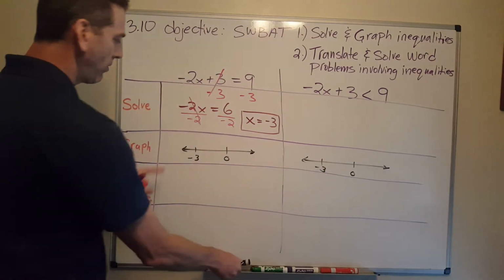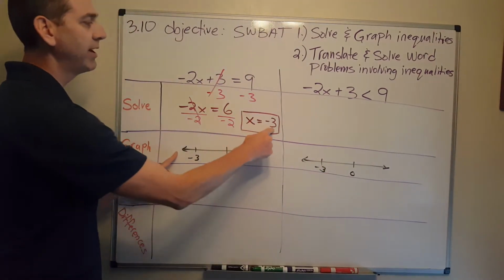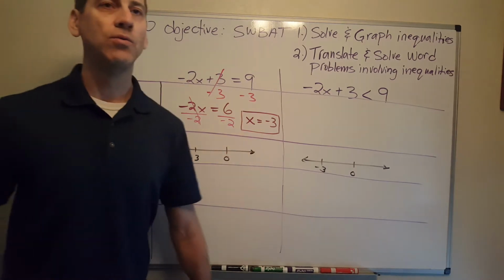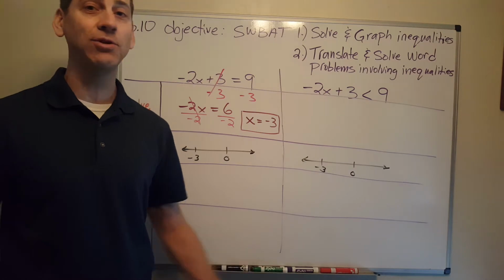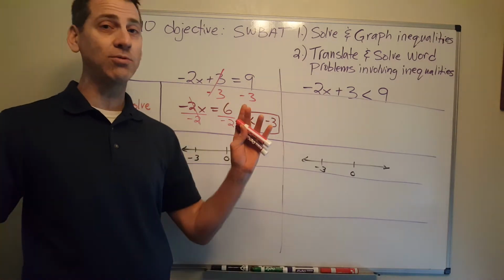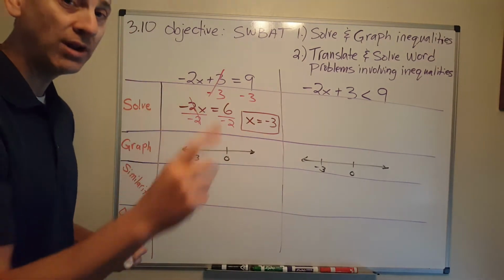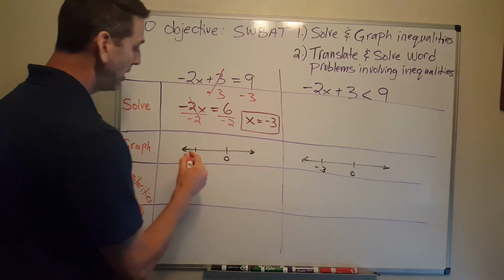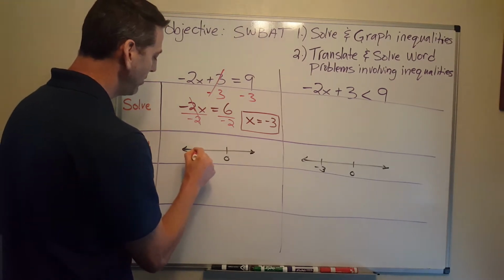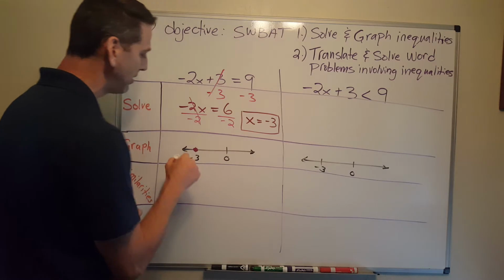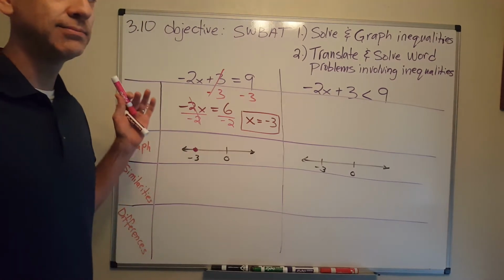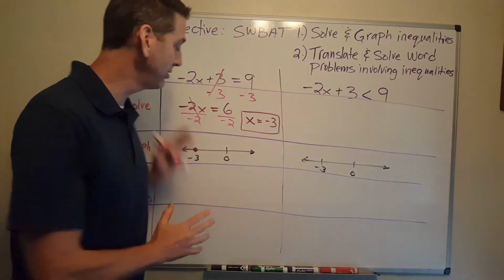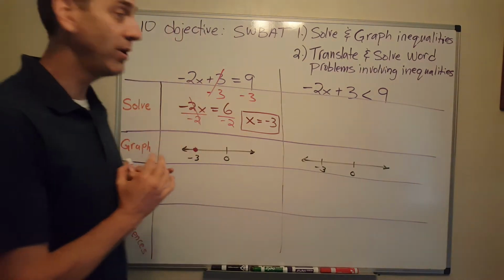X equals negative 3 means it's not going to equal negative 2 or negative 1 or anything else. I only have one solution, right there, and I make a dark circle, which means that negative 3 is the solution. There's no other solution to that equation.